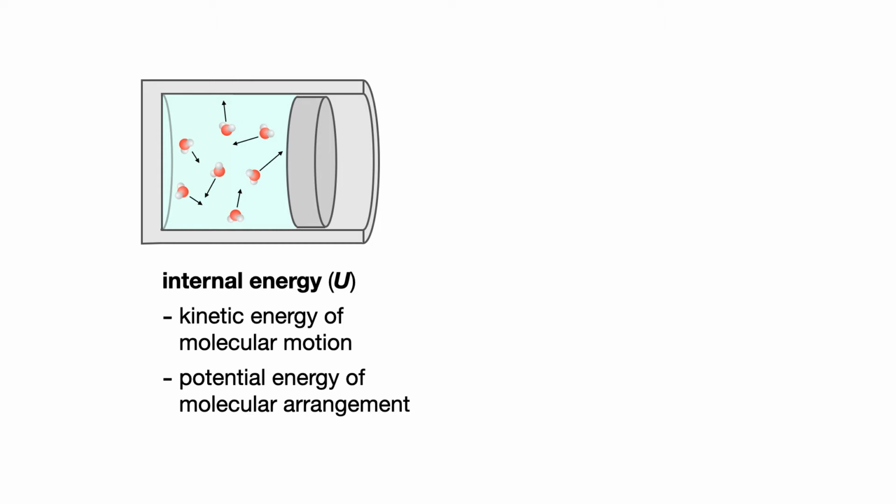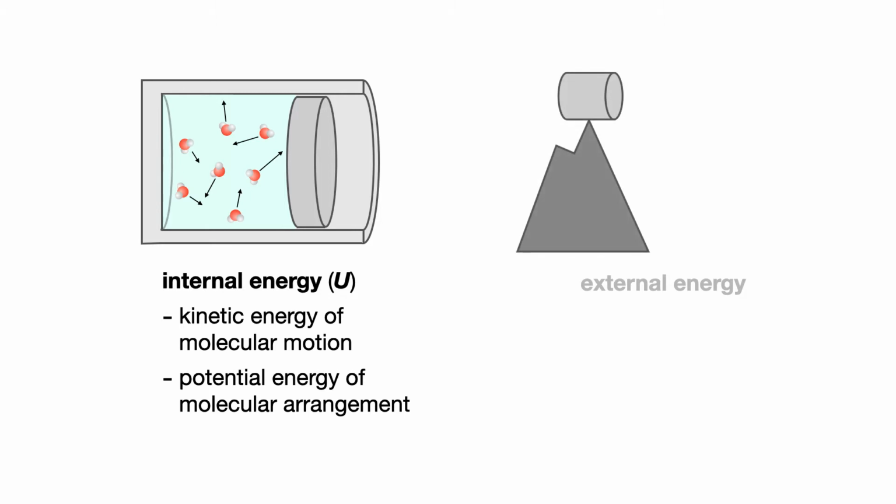Now, a system also has what you might call external energy. So if I were to take this cylinder full of water vapor and put it up on top of a mountain, the whole thing would have additional potential energy. Likewise, if we were to take this cylinder and just throw it through the air, it would have additional kinetic energy of motion.